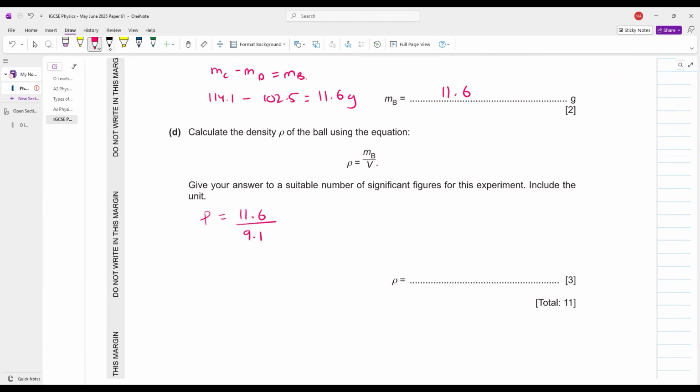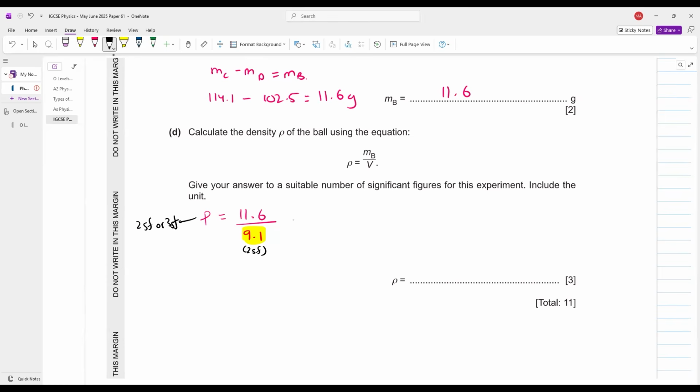So now you already know कि density कितने significant figures पे दोगे। Can you realize the calculated value of volume is still 2SF? तो आपने density की value either 2SF और 3SF पे देनी है, उससे ज़्यादा नहीं। ठीक है। Can you calculate the density here? 11.6 divided by 9.1.